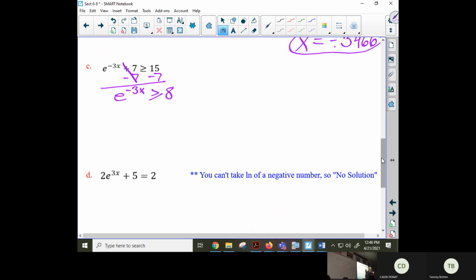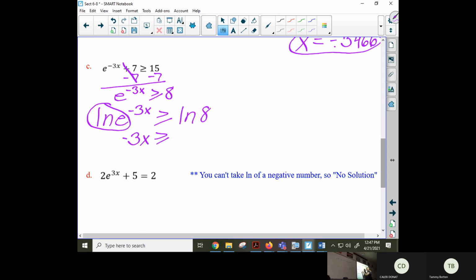How do I get rid of that e? Natural log of both sides. All right, so we do natural log e to the -3x is greater than or equal to natural log of 8. Now, this cancels. We bring down -3x is greater than or equal to natural log of 8.